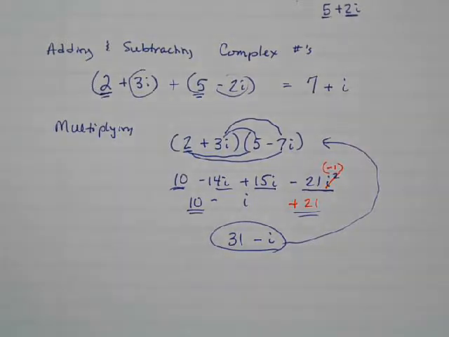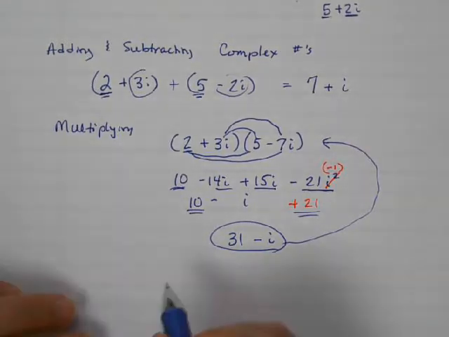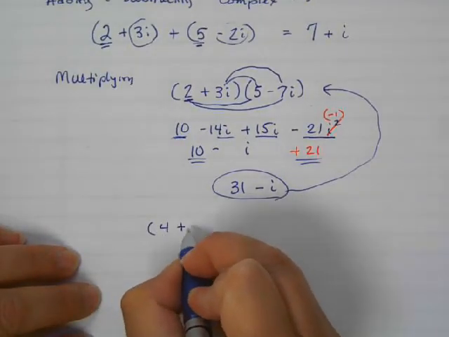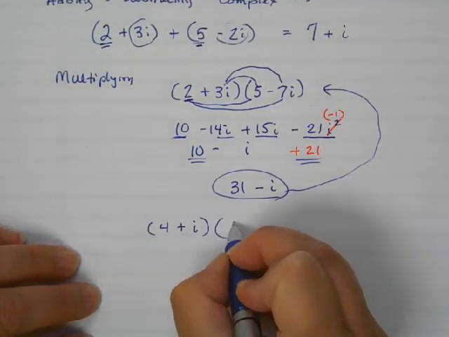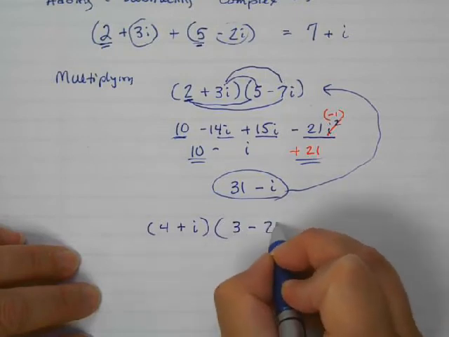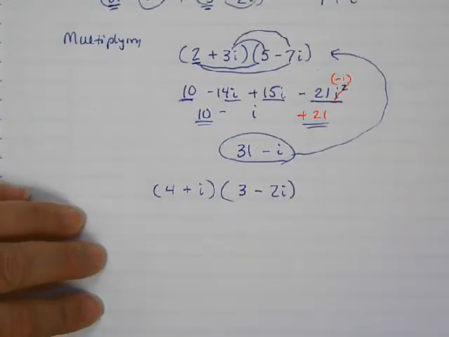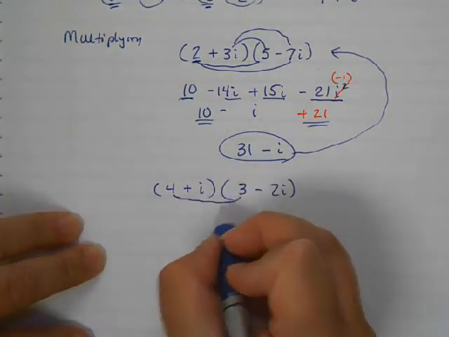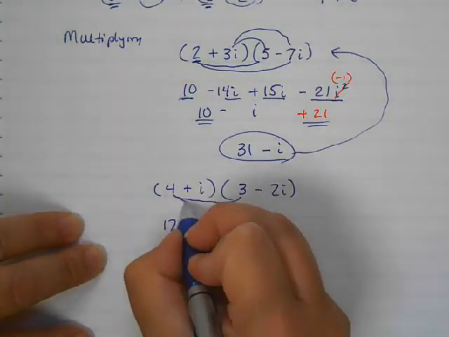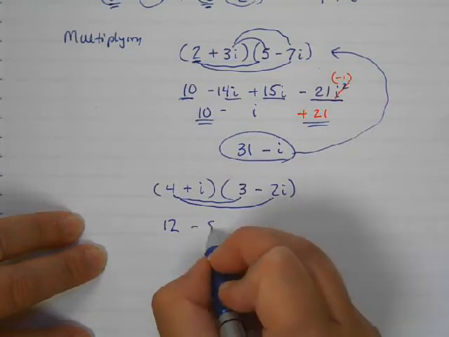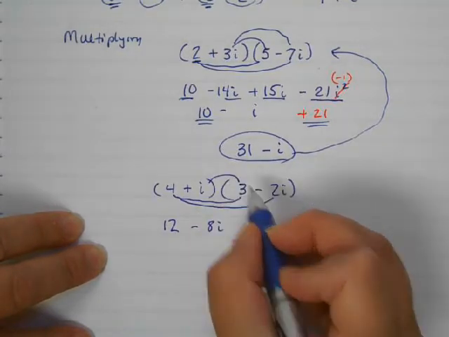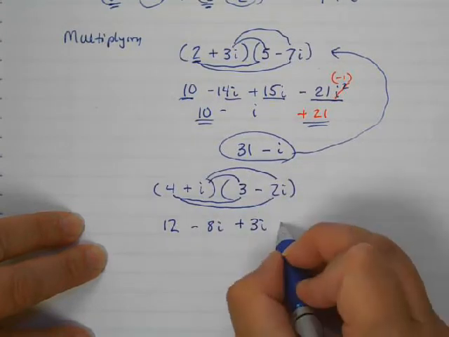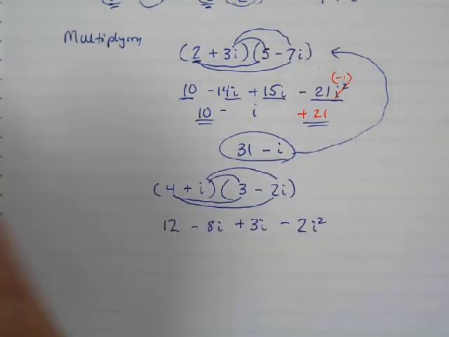Let's do another example. Let's go 4 plus i and 3 minus 2i. I want to find the product. So I've got 4 times 3, which is 12, minus 8i, plus 3i, and this would be minus 2i squared.